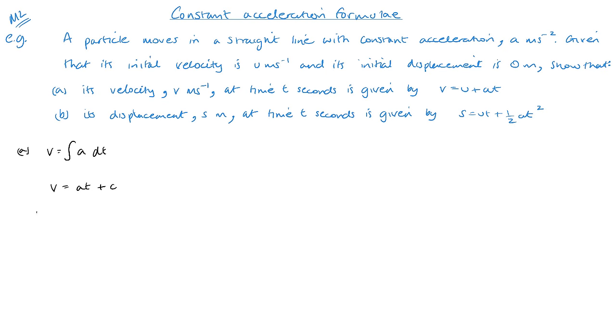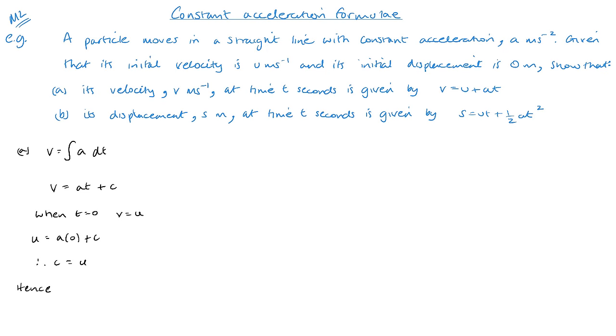Now we know that when t equals 0, the velocity is u. That means that u equals a times 0 plus c. Therefore c equals u.